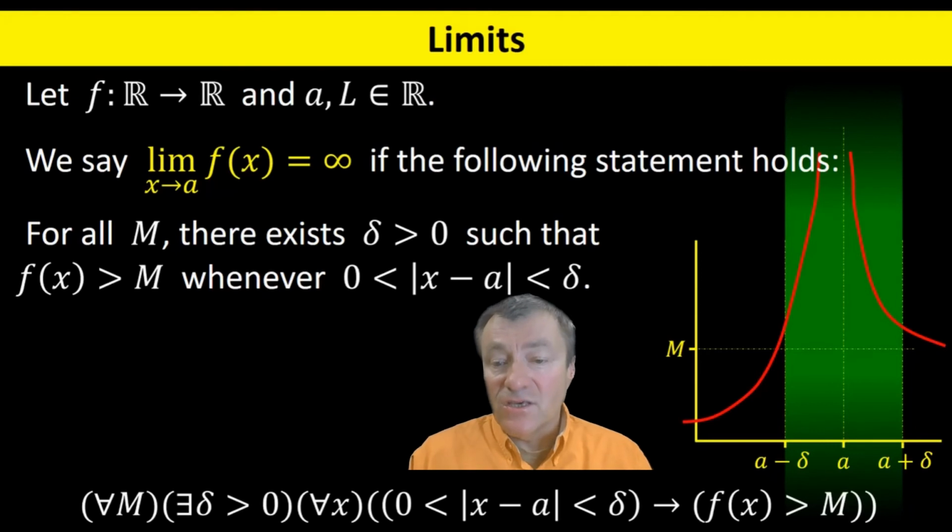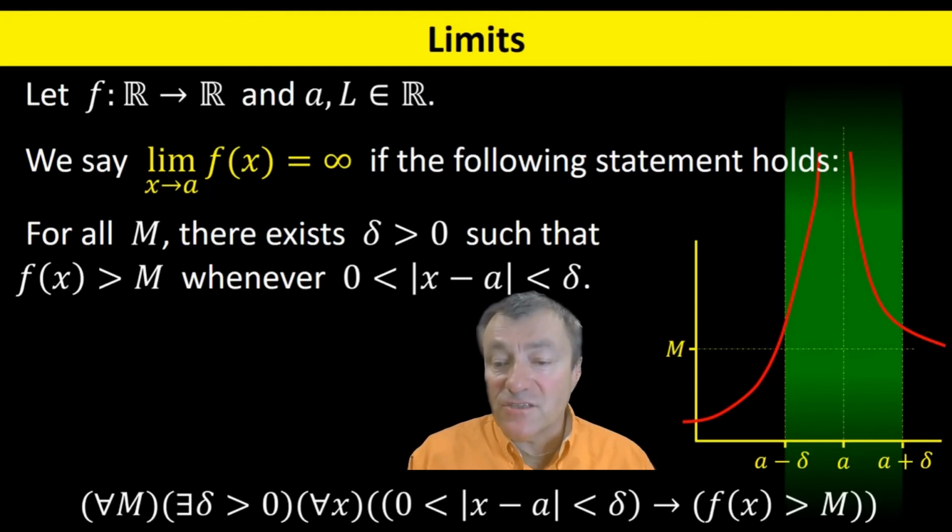In this case, we say that the limit of f of x is infinity as x approaches a if the following statement holds. For every number m, there exists a positive number delta such that f of x is bigger than m whenever x is within delta of a but not equal to a.